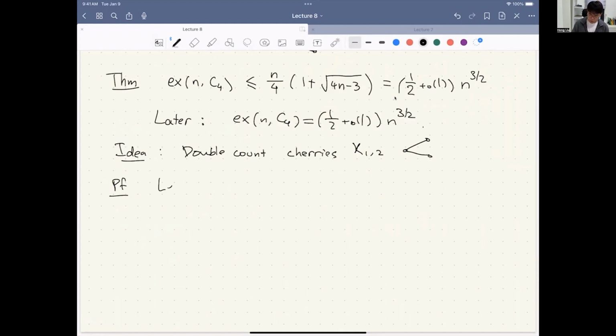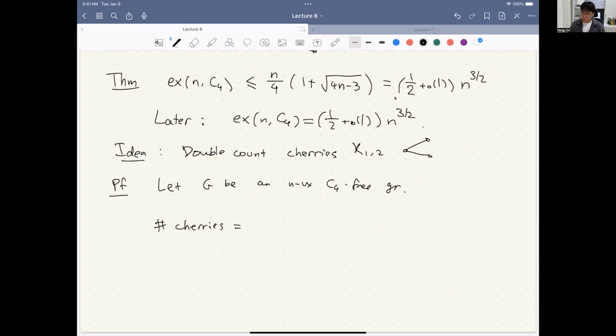So let G be an n-vertex C4-free graph. Okay, let's first count the number of cherries. How do we count it?